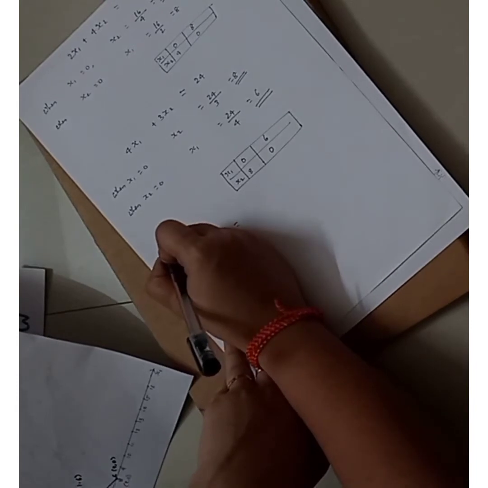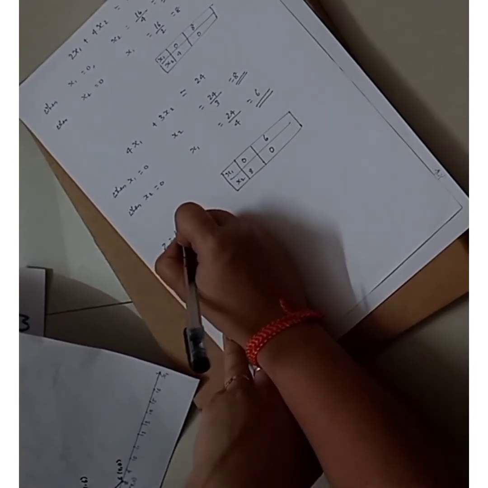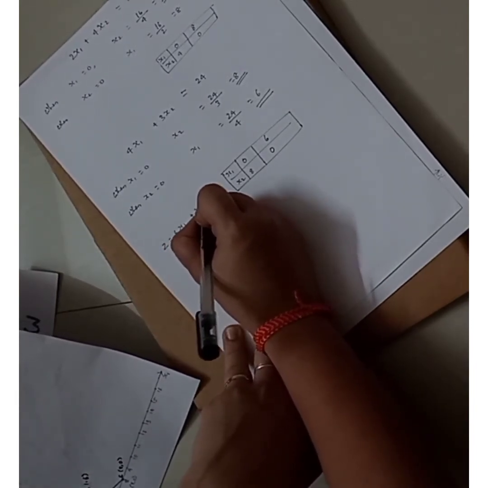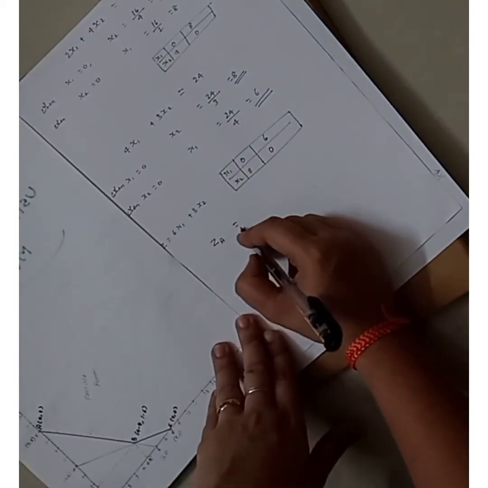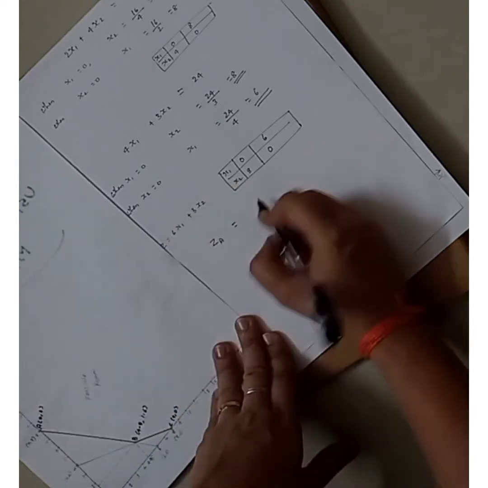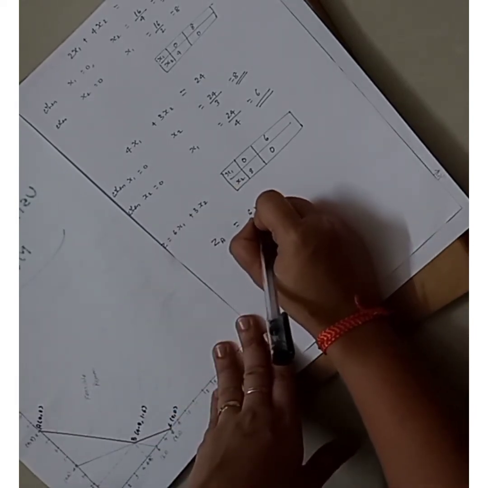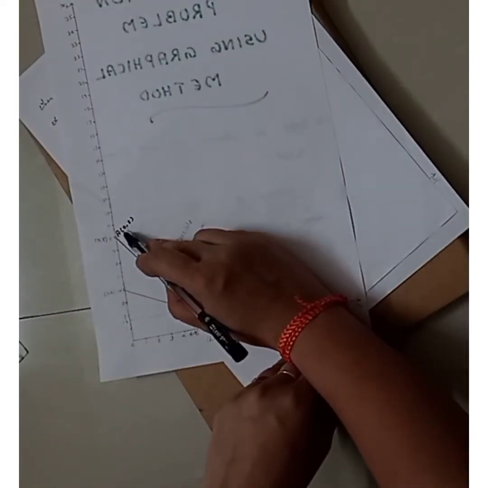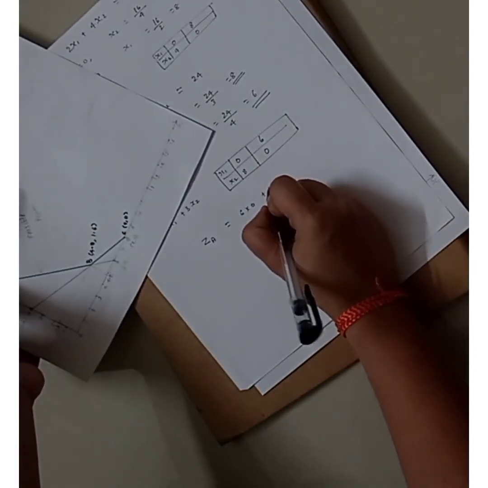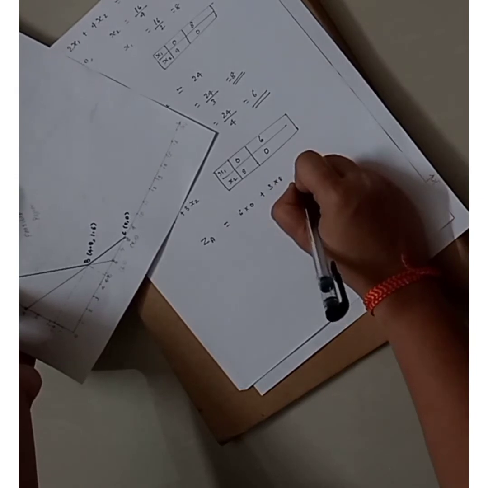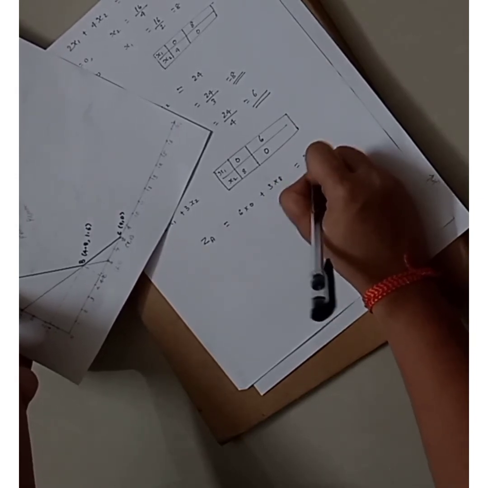See, Z, the objective function is 6x1 plus 3x2. So, we are substituting this x1 and x2 values for that point A. For point A, it will be 6 into 0, why 0? Because x1 value is 0 and x2 value is 8 plus 3 into 8. You will get it as 24.